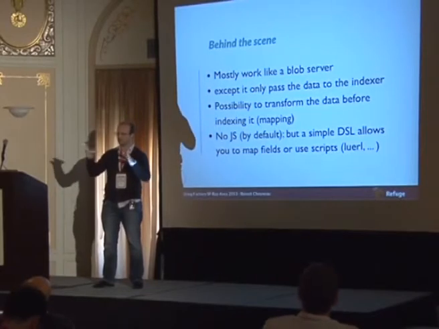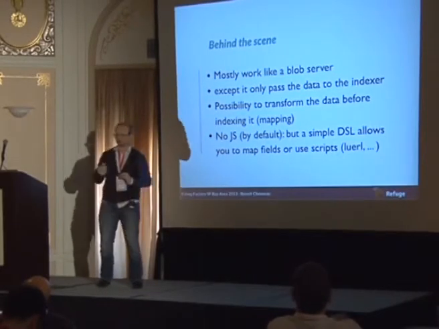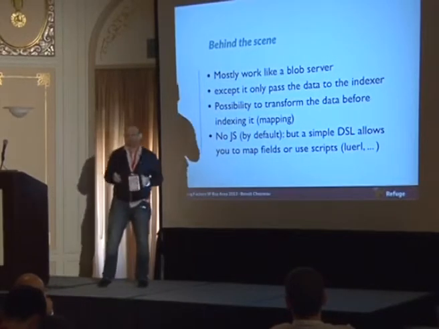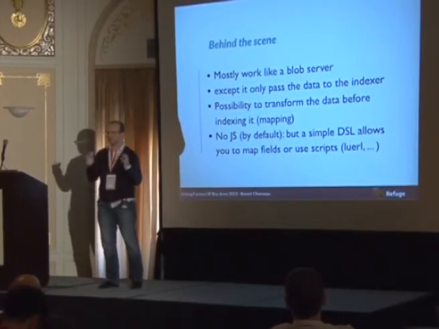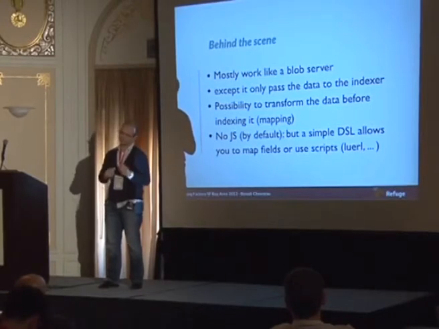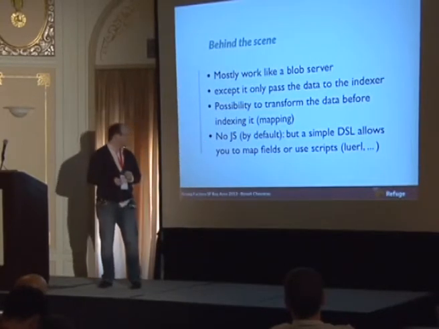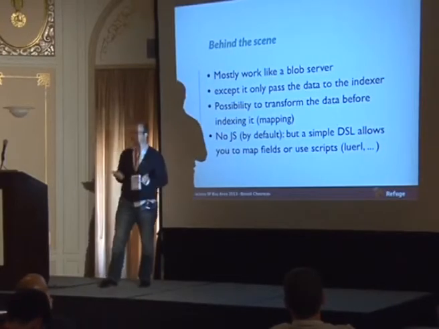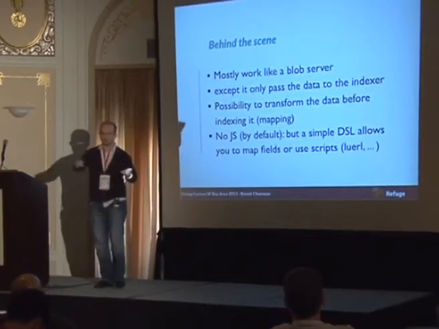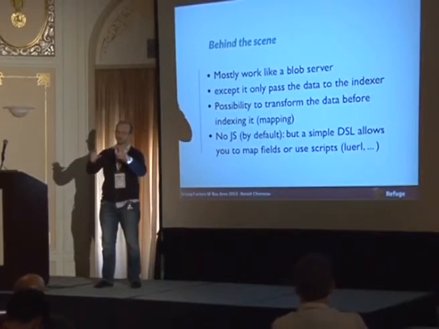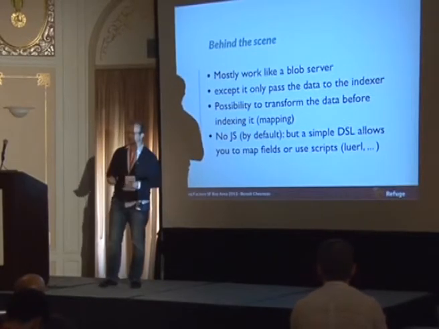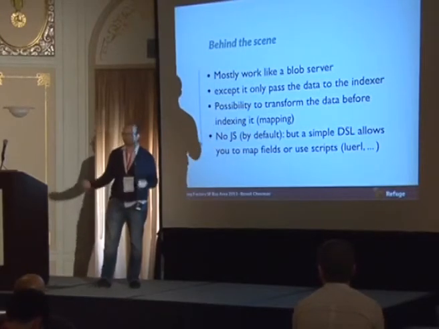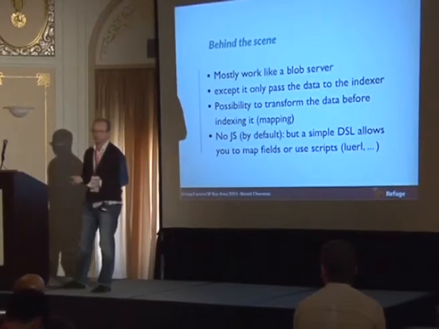Most important part: you have a generic server storing the configuration of any indexer, except it only passes the data to the indexer. It doesn't care about maintaining a queue or whatever. You have the possibility to transform the data before, like I said, just like maps in CouchDB. You can pass anything to a function, either in Erlang or by default in Lua. Sorry, there is no JavaScript, and it won't come from me.